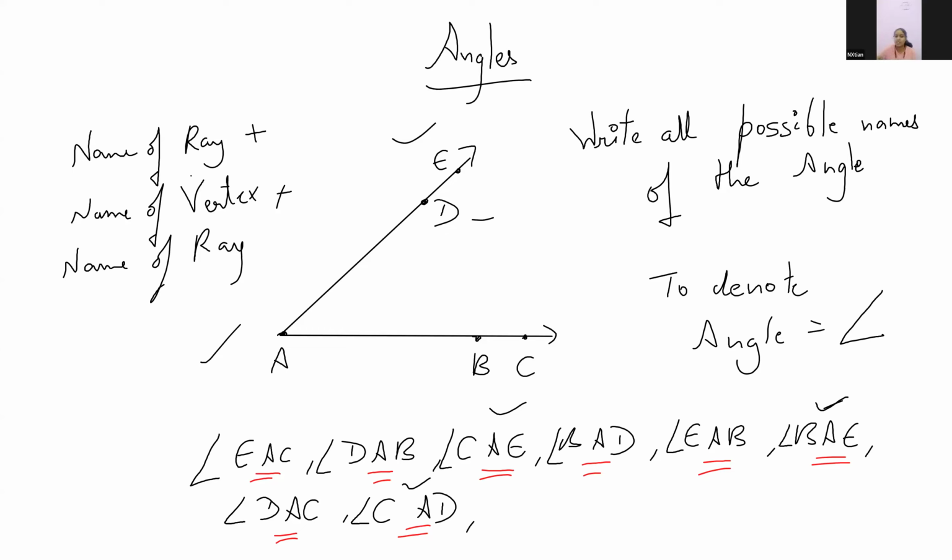Because the name of this ray can be either E or D. For this other ray, the name can be B or C. And the name of the vertex, this is the vertex, will be A. And the name of the vertex always comes in the middle. Okay, ma'am. Understood. Thank you, ma'am.